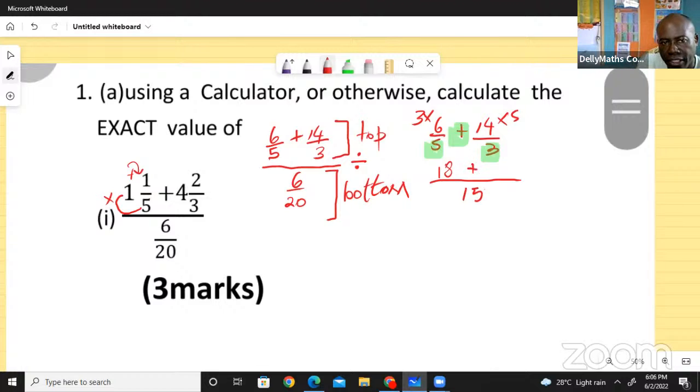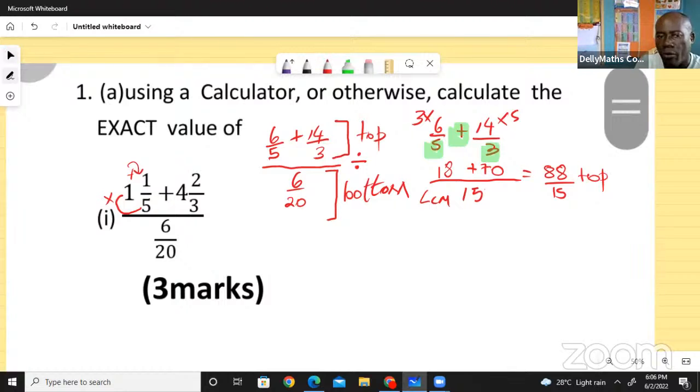So we have 70 here. Again, take your time, divide the denominator into the LCM, and whatever you get, multiply by the numerator. So this becomes 88/15. This answer is for the top.